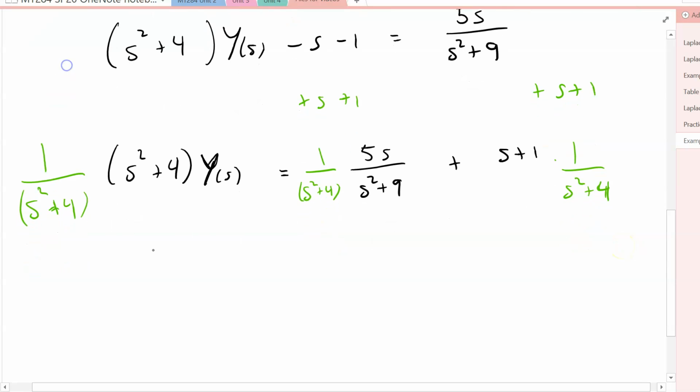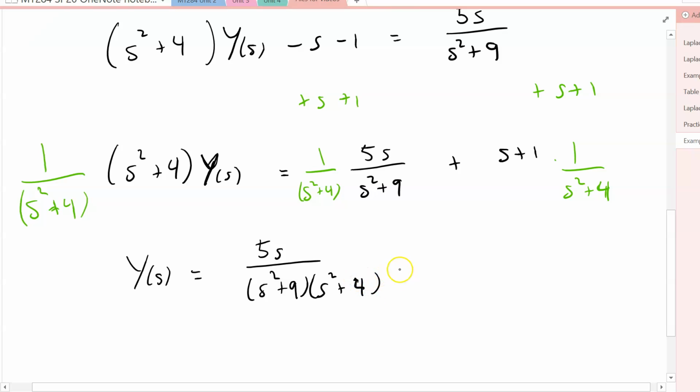Doing that, we now have capital Y of s isolated. It's 5s over, I'm going to write the s squared plus 9 factor first on the bottom, s squared plus 9 times s squared plus 4, and then plus s plus 1 over s squared plus 4.